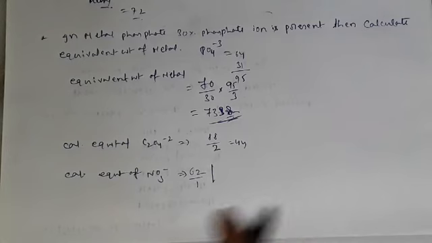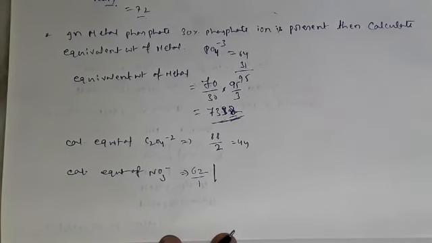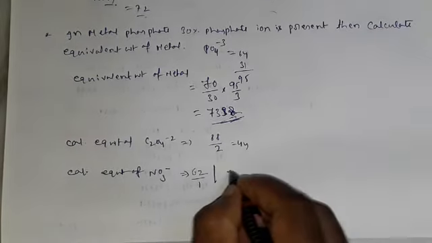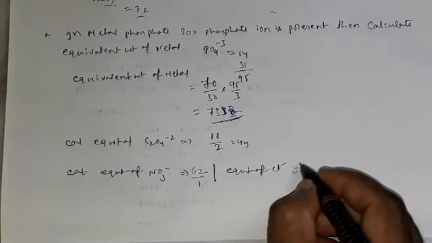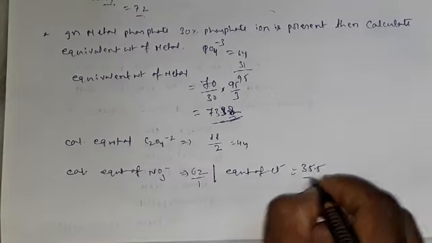Similarly, calculate equivalent weight of Cl minus: 35.5 by 1.